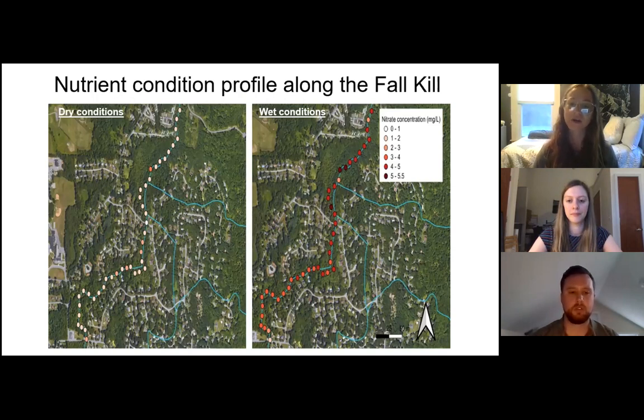Along this stretch of the Fallkill particularly, it ran through a lot of people's backyards. So I feel like if it could be slowly but surely implemented into a few different zones just along this stream particularly, it could be really helpful.